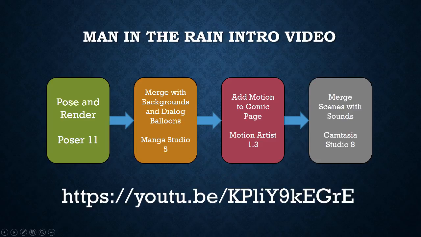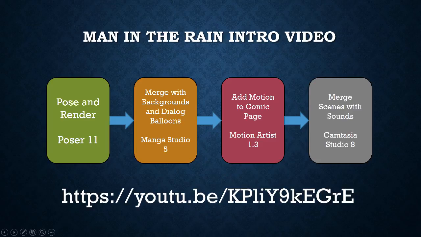So I had 3D heads and characters being merged into Manga Studio because I didn't want to draw. And then I used Motion Artist to add some movement to those cartoons. I finally pulled everything together with sound and so on in Camtasia Studio, and I put it out to this URL, which you're seeing down at the bottom of the screen.